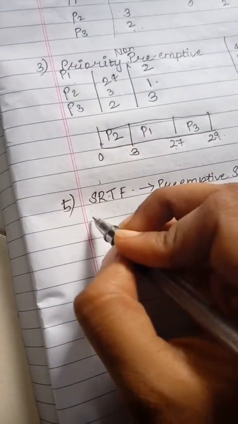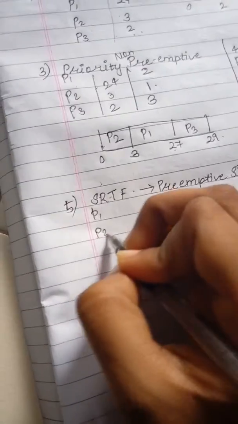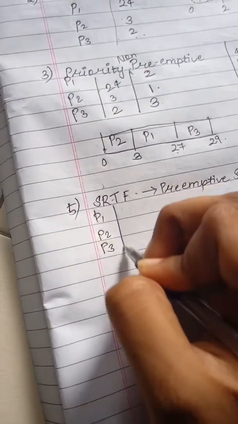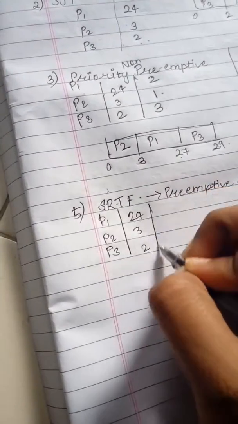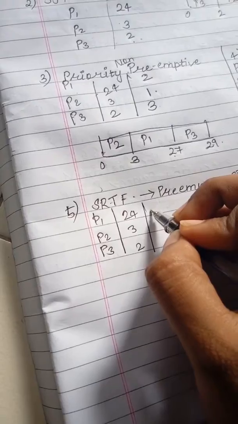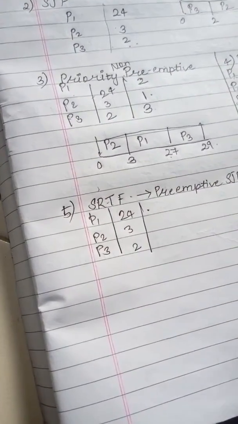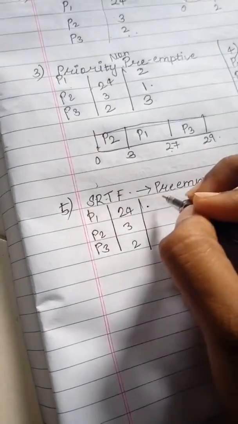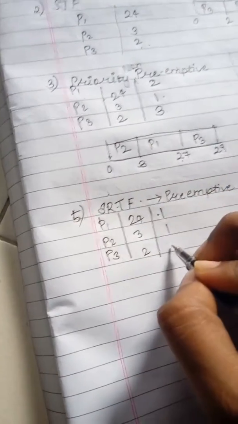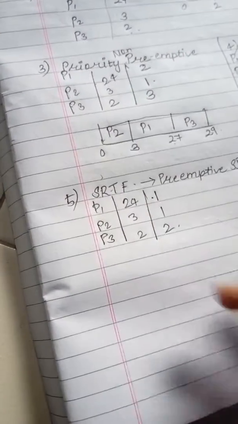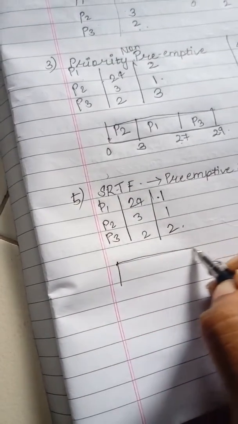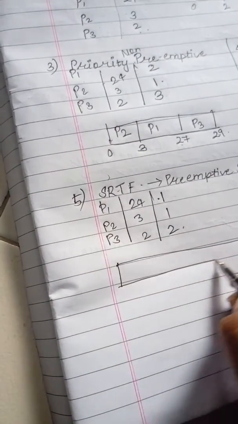Same example, P1, P2, P3, 24, 3, 2. A new thing which comes here is arrival time in preemptive scheduling. So suppose 1, 1 and 2. Okay. Now which one is having the shortest job?